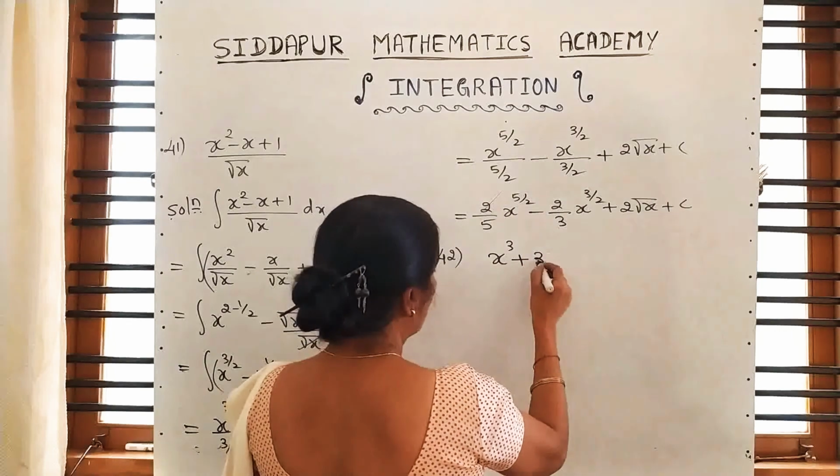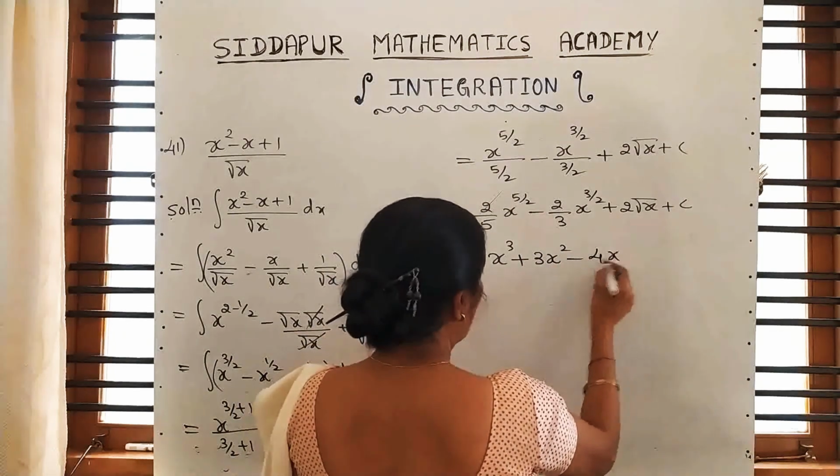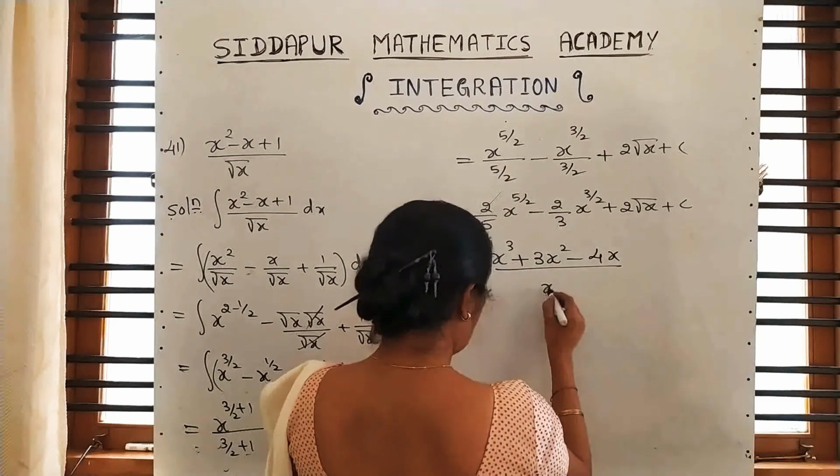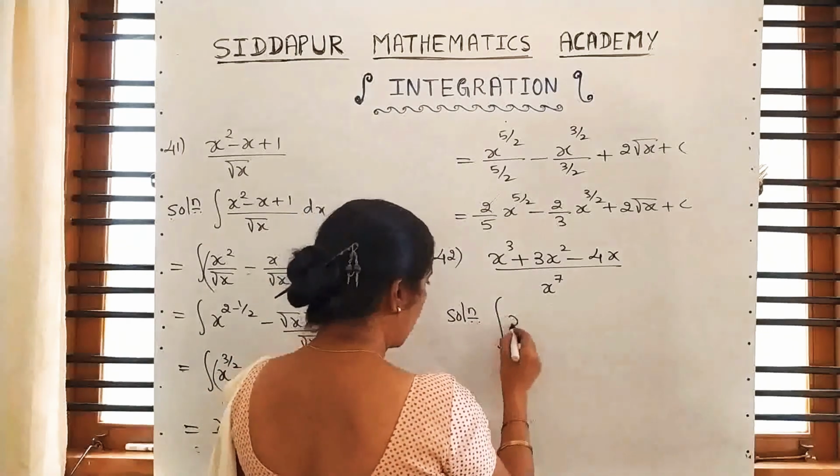x cube plus 3x square minus 4x upon x raised to 7. First with integral sign.